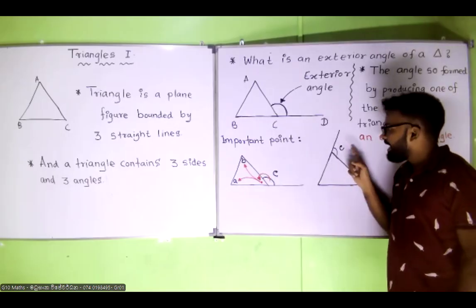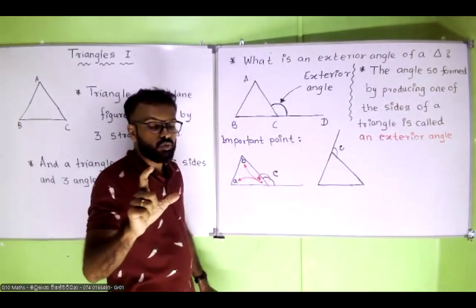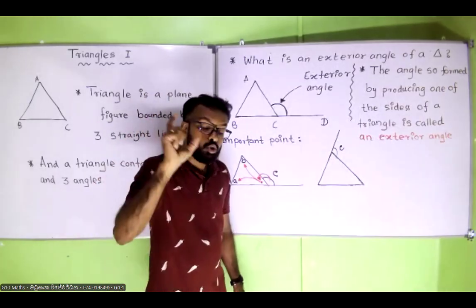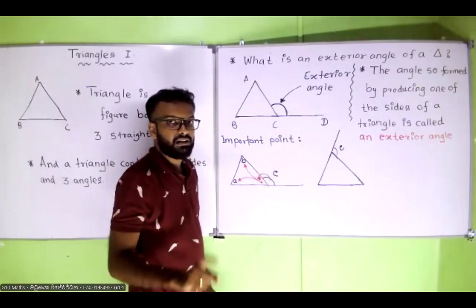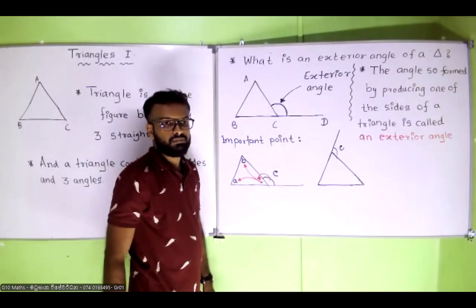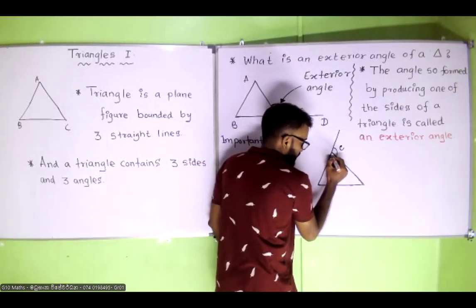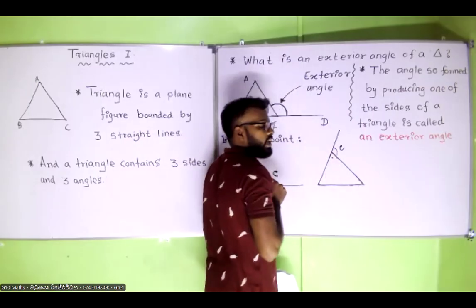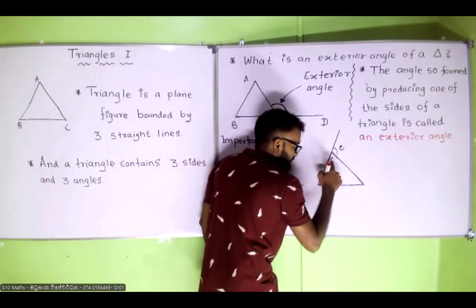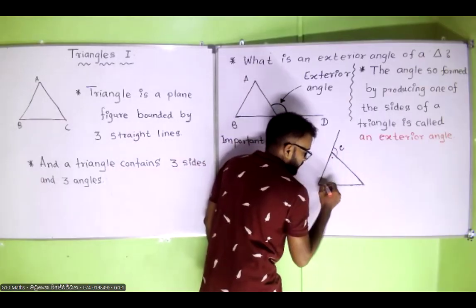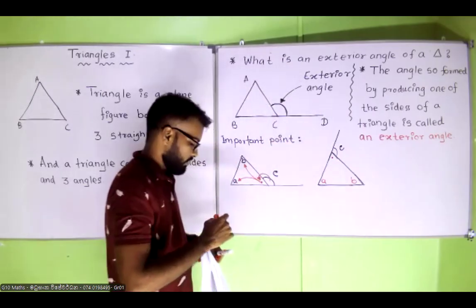So C is the exterior angle, and I am telling you to label the two opposite interior angles for this exterior angle as A and B. You already know how to do that. This is the interior angle relevant to this exterior angle, and the two opposite interior angles are this one and this one. So this is A and this is B.